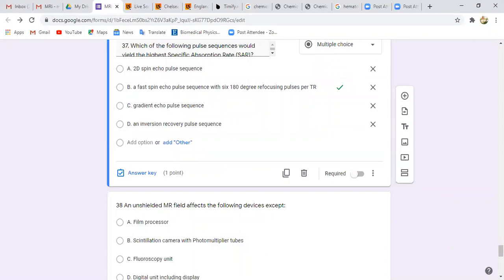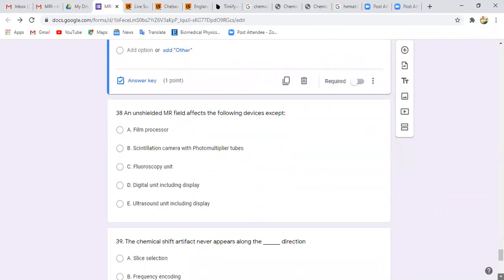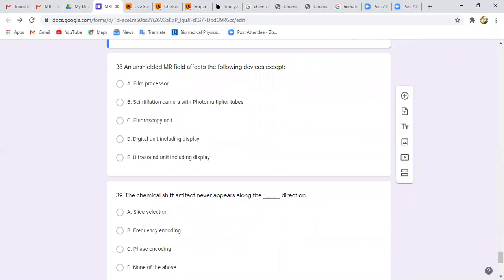Number 38. An unshielded MR field affects the following devices except? A. I don't think there's any problem here.